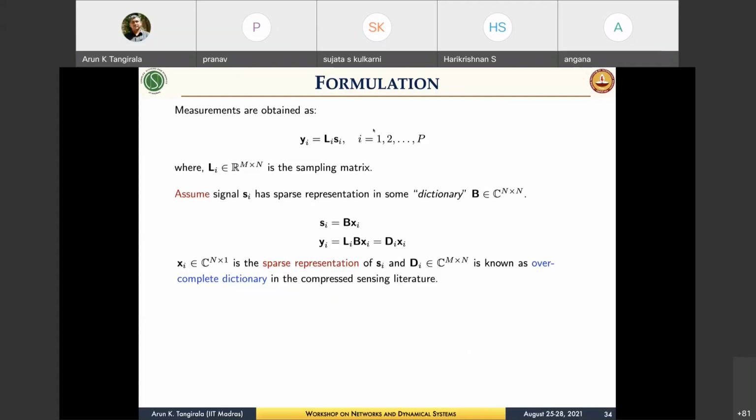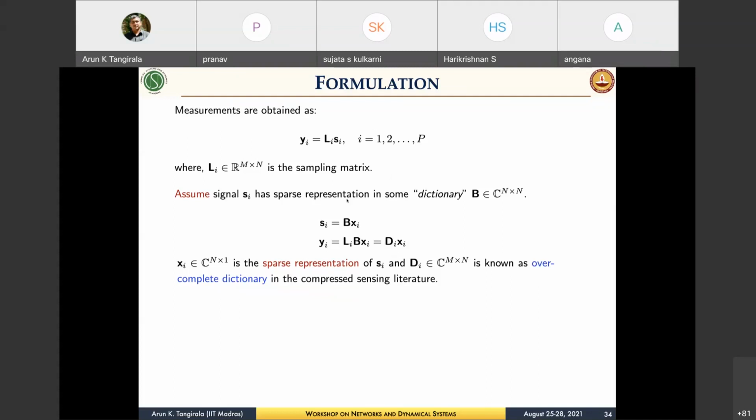Compressive sensing is about sensing signals in a compressed manner online. But then once you compress, you have to worry about recovering. So compressive sensing is both about sensing in a compressed way and then recovering from the compressed form. So encoding and decoding. Now that encoding and decoding is based on what are known as sparse representations of the signals.